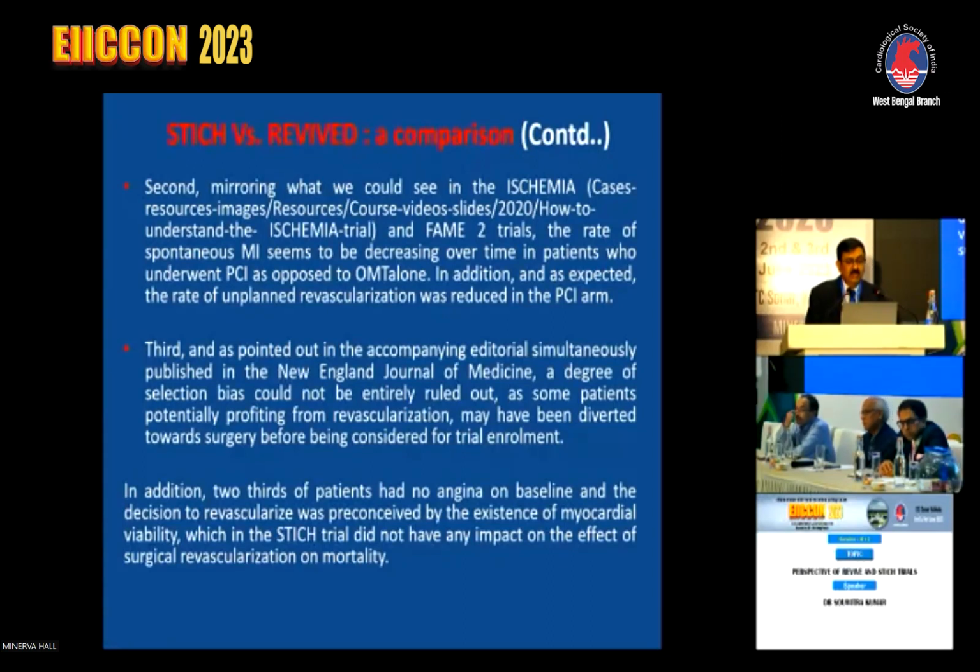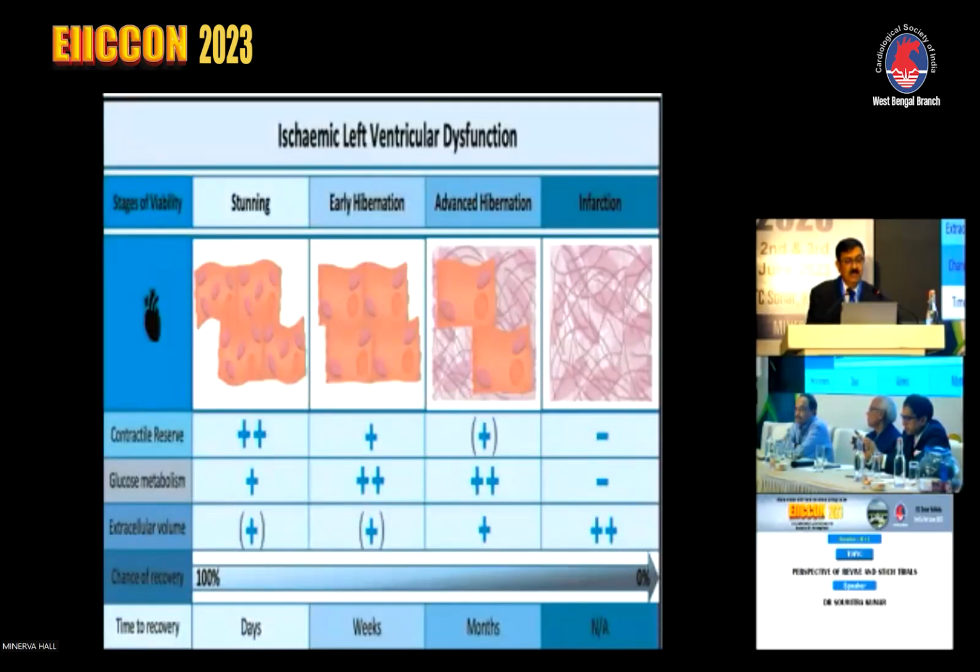In addition, 2/3 of patients had no angina at baseline, and the decision to revascularize was preconceived by the existence of myocardial viability, which in the STICH trial did not have an impact on the effect of surgical revascularization and mortality. So these are the types of ischemic LV that we know: stunning, early hibernation, advanced hibernation, and infarction.